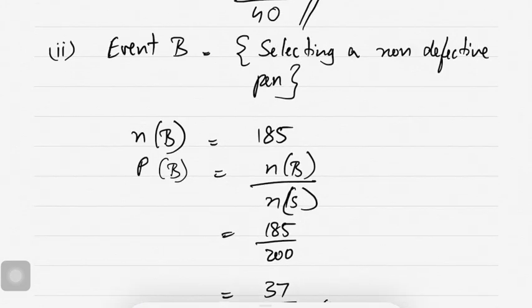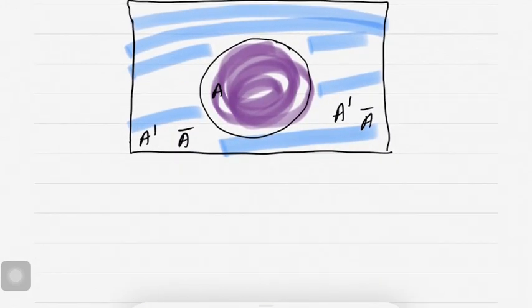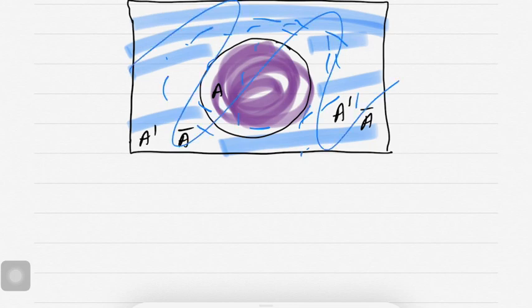Okay, got it? So in the above question, the sample space had 200 pens. The whole sample space contains 200 pens, out of which 15 were defective.